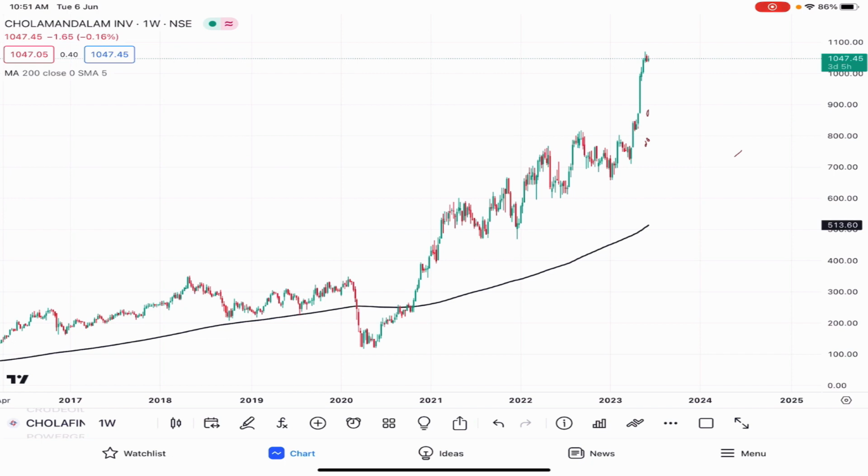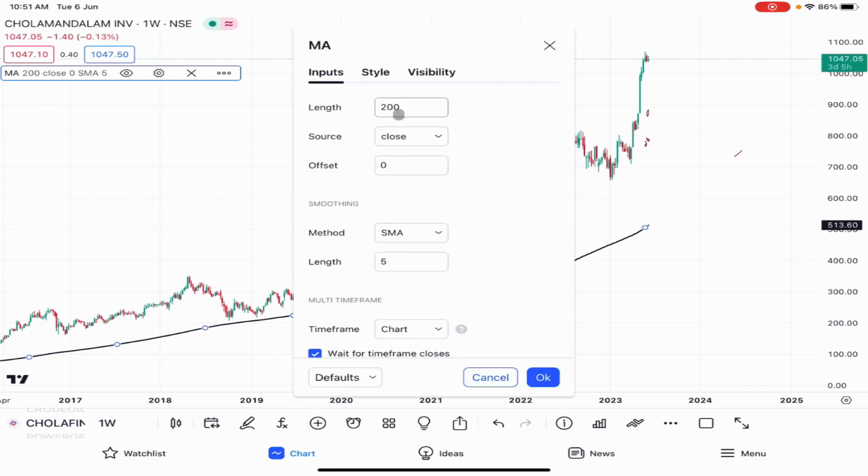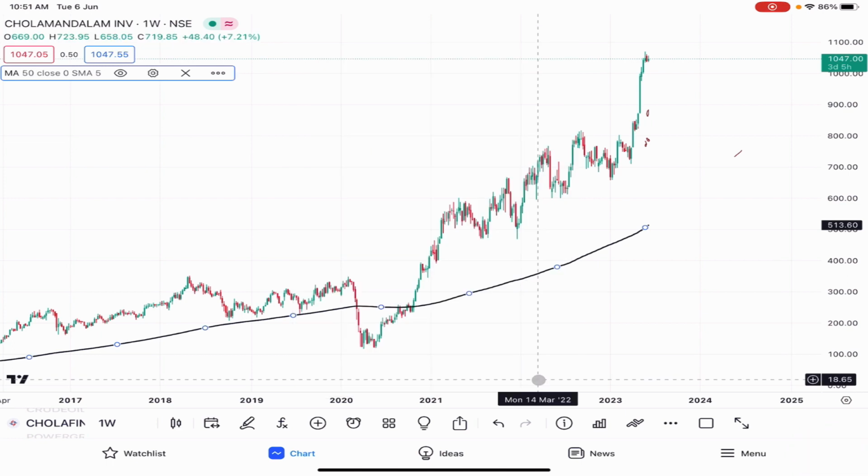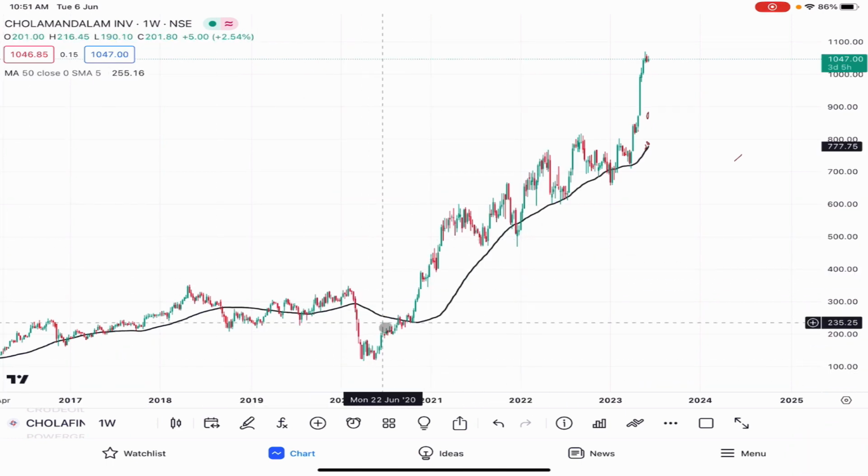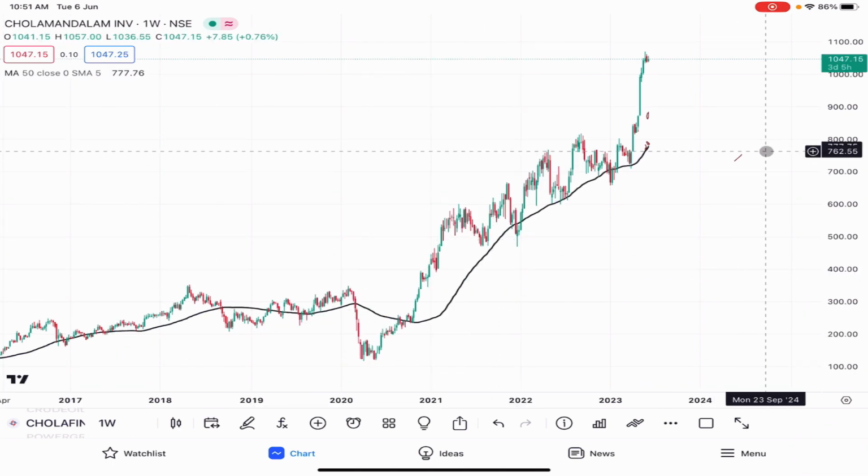That is something we will be looking at going forward, but I'll show you something. If I want to change the length to, let's say, 50, what happens? Look at this, the moving average changed its shape. Since it is my 50 moving average, it shows my average of the previous 50 candles instead of my 200 candles, right?